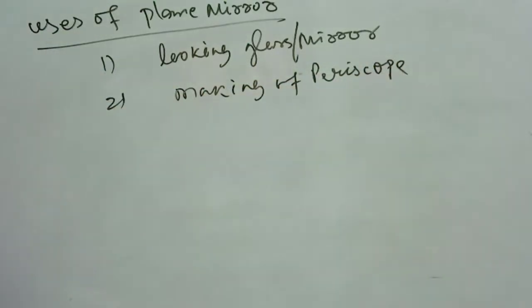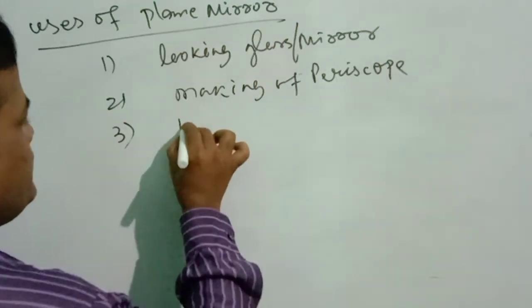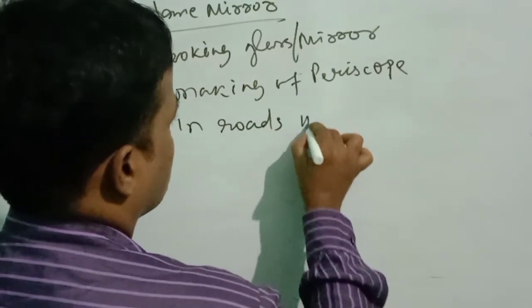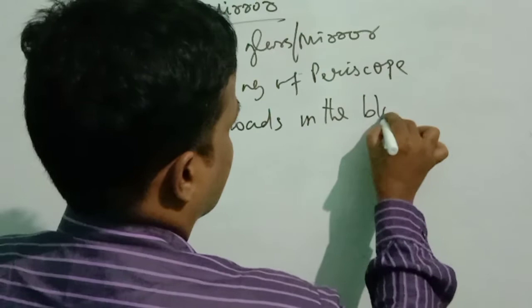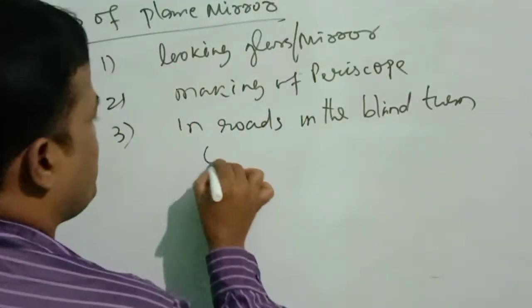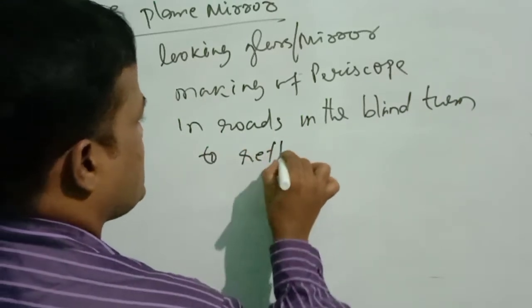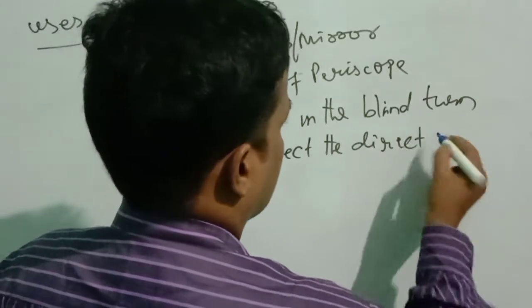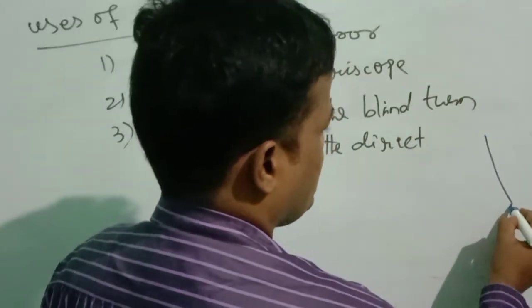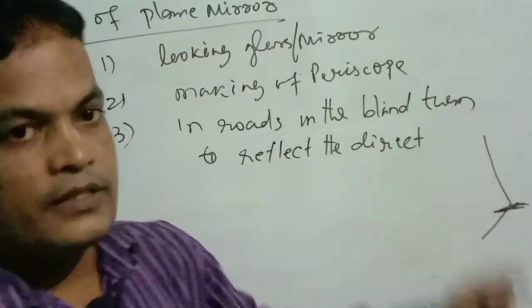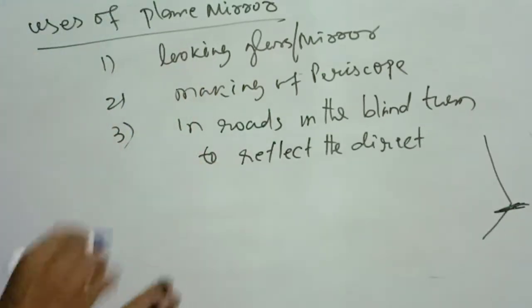Number two, used in roads at blind turns, to reflect the direction, that is, at a blind turn, a mirror is used which can reflect the road.